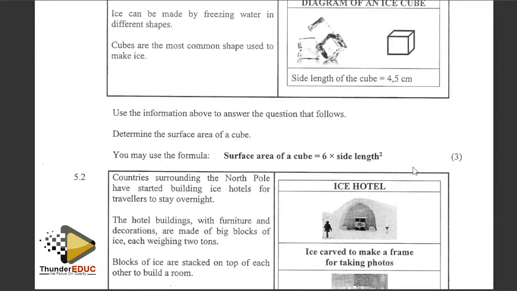It's made of squares. So area of only one side is going to be 4,5 squared. You get your answer as 20,25. This 20,25, how many sides are there? Times 6.